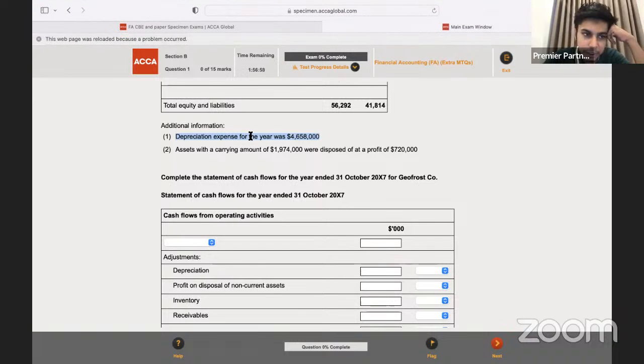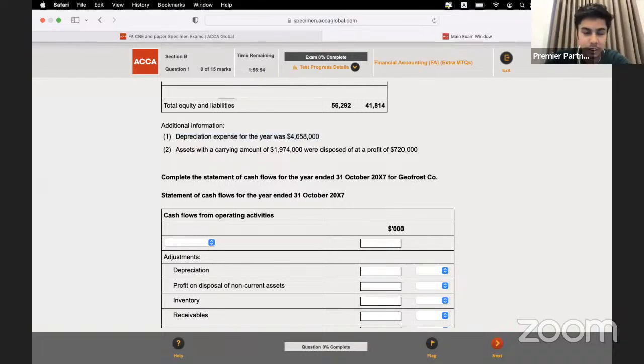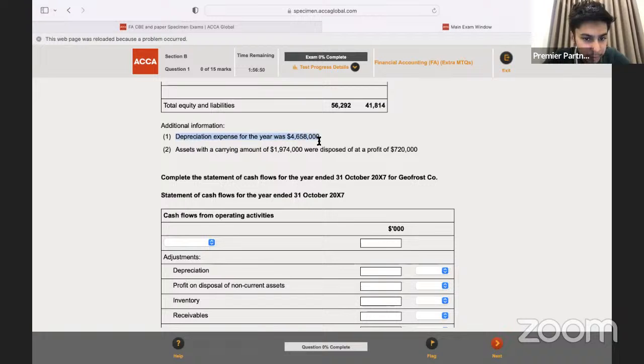So normally depreciation, what we have to do, if you have learned cash flow previously, or maybe from that recording which I had requested you all to watch, right? When you have depreciation, all you need to remember is, actually FA cash flows are so easy. They will tell you exactly what to find. FA cash flows are not difficult.